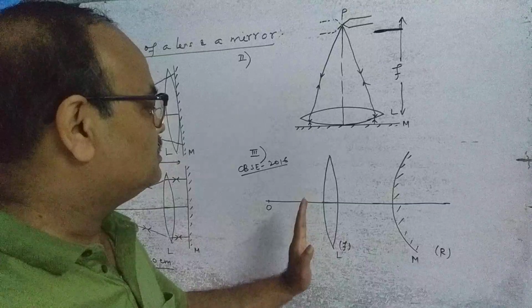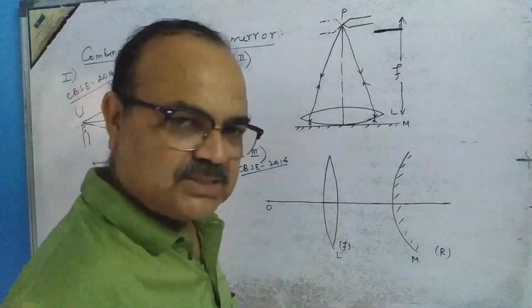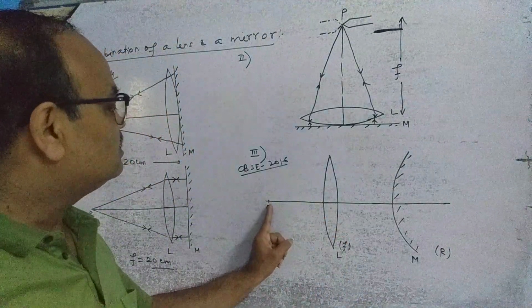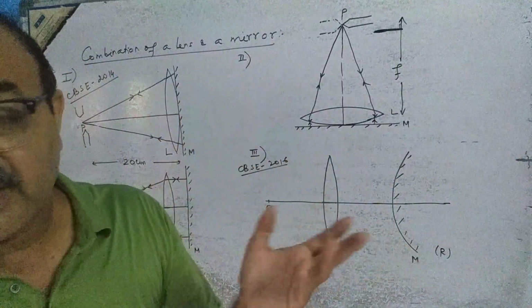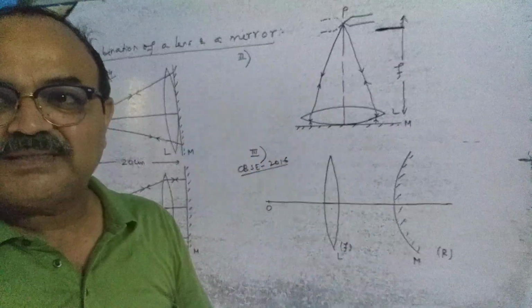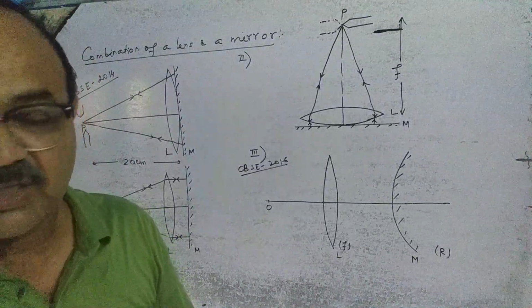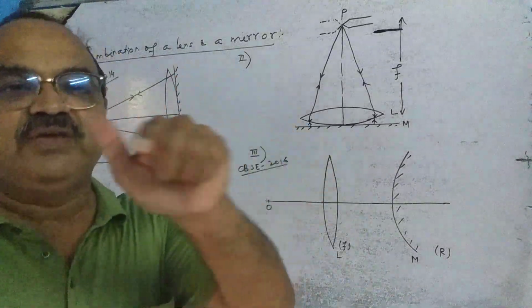It is said that when they are placed at a particular distance, its own image is formed here. Obviously, they must be kept at some distance for this to be possible, right? Then it is asked that you redraw the figure.